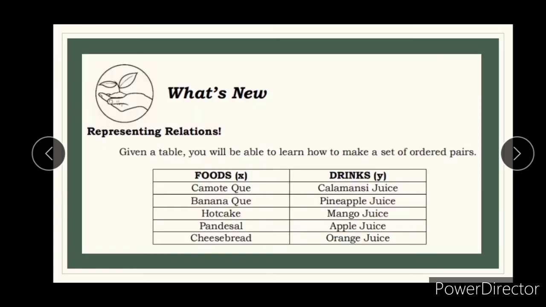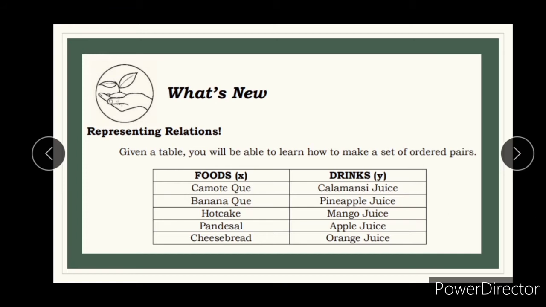What's new? Representing relations. Given a table, you will be able to learn how to make a set of ordered pairs. In the first column of our table, we have the following foods, or we can represent them as our X values. The second column of our table are the drinks, or we can represent them as our Y values.